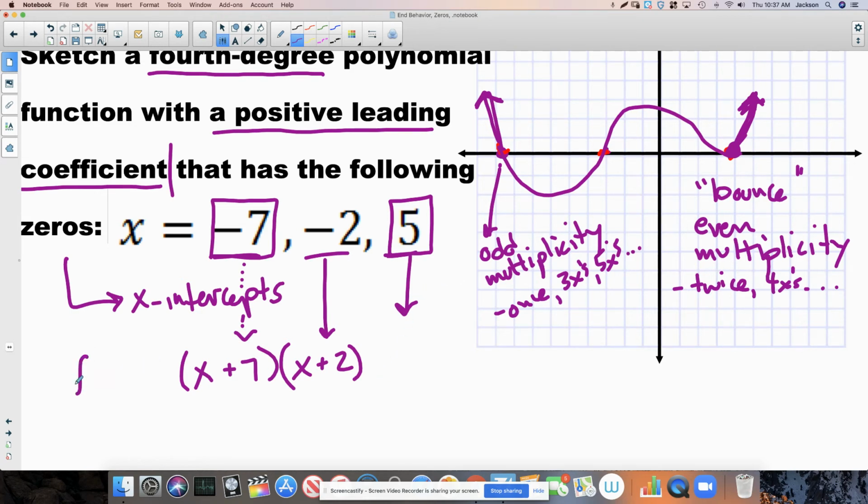So as I'm drawing this function out with its factors, if a zero is 5, the linear factor would be x minus 5. And because it has even multiplicity, because we saw that it bounced here, we would see an exponent. So the multiplicity, when we say even multiplicity, shows up as an exponent here, okay?